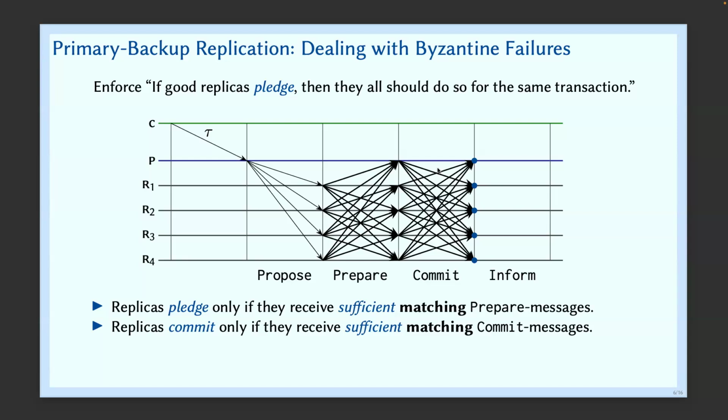Out of that 2f+1, f of them could be lying. Out of that f+1, f of them could get disconnected, but one of them will remain if you try to construct a recovery quorum. So as long as one honest replica reaches this state, we can ensure preservation.